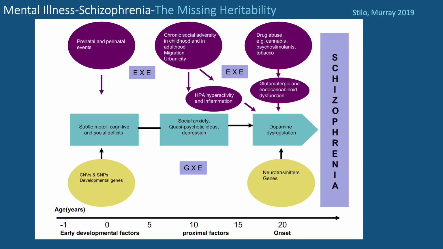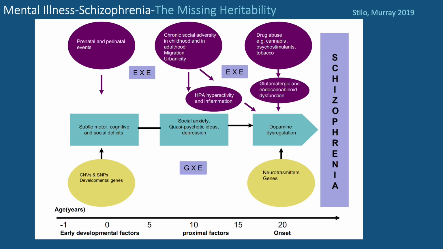After birth and in childhood, there might be other problems that come around in the life of this child. Environmental factors are represented by chronic social adversity during childhood, migration, urbanicity, poverty. It is here that an interaction between genetics and environment occurs.